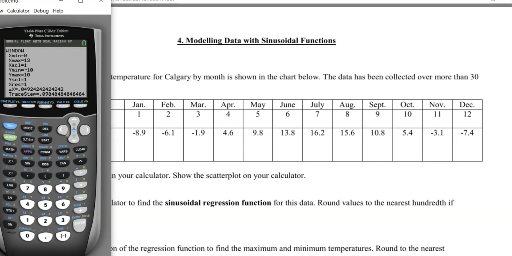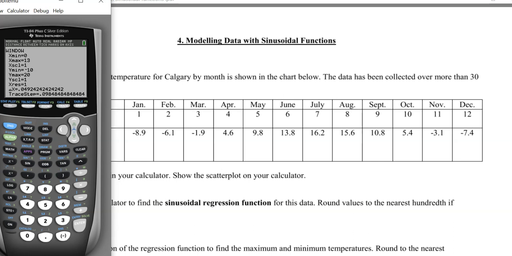Our Y values: we've got a minimum temperature, so negative 8.9 is the lowest. So let's say negative 10. That's good. And our highest is 16.2, so let's go to 20. So that's covering 30 degrees, right? From negative 10 to positive 20 is covering 30.